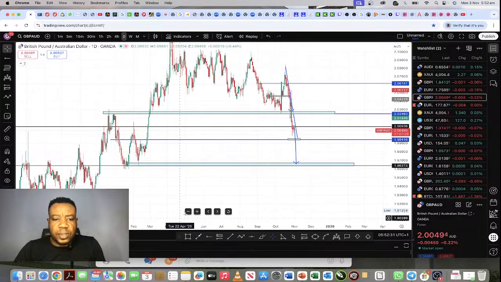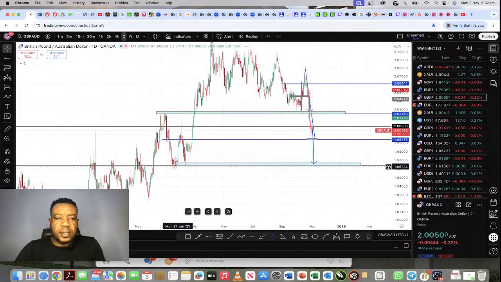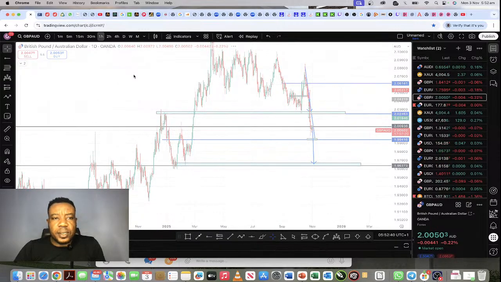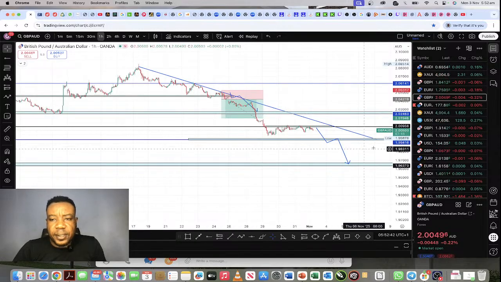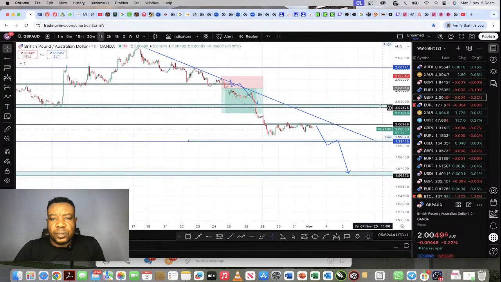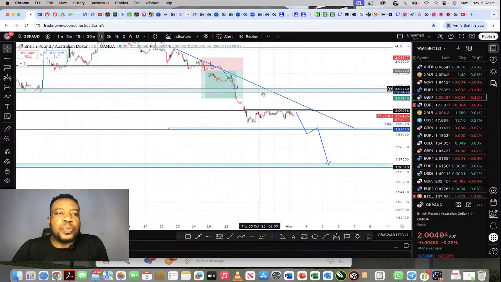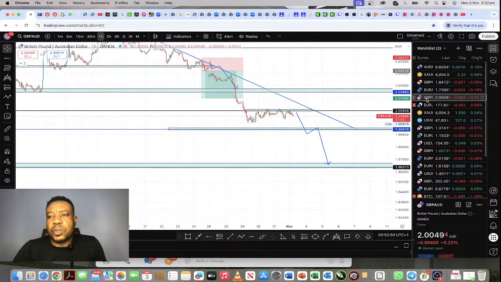So these zones here are not that strong. All right, so this is my view on GBP/AUD.